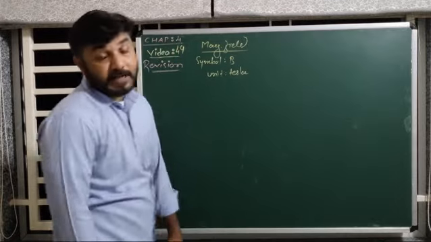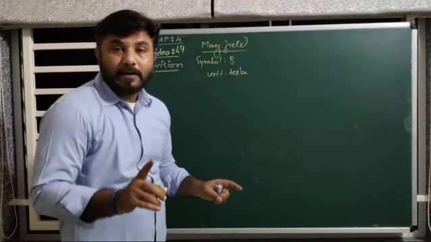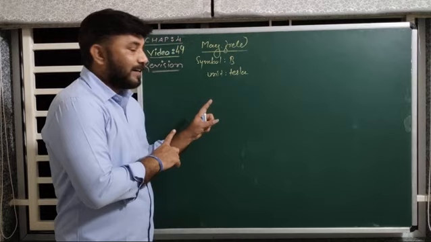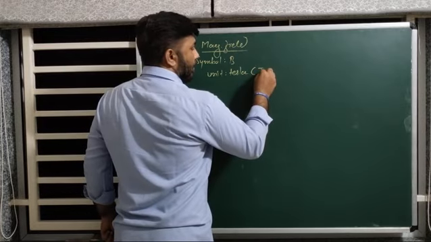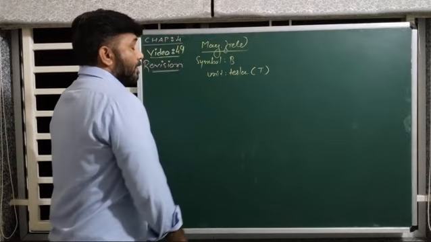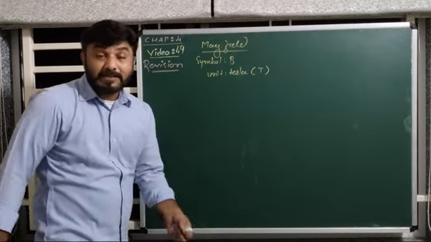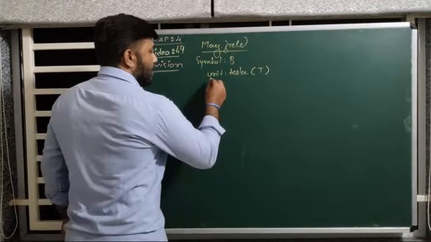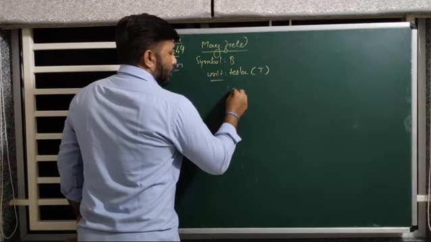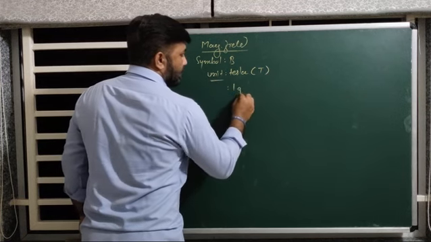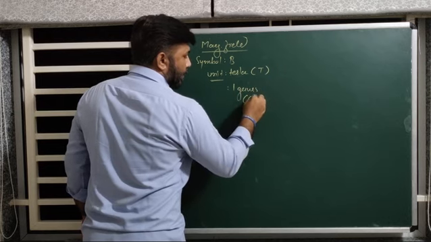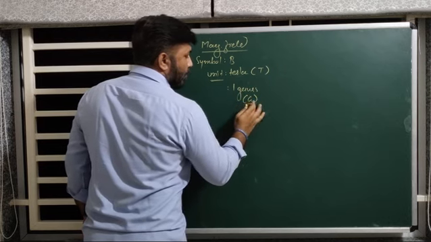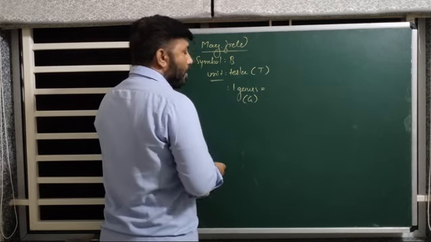As it is the name of a scientist, you write Tesla with a capital T. There is one more unit, 1 Gauss, or you can write capital G. 1 Gauss is equal to how many Tesla?